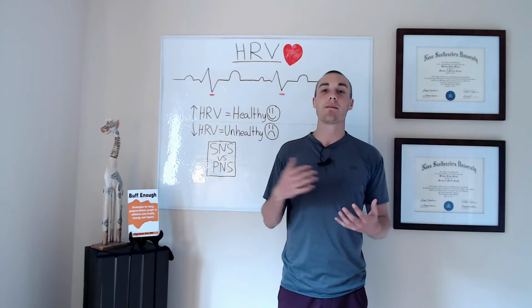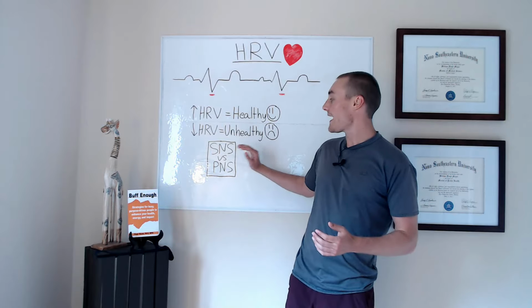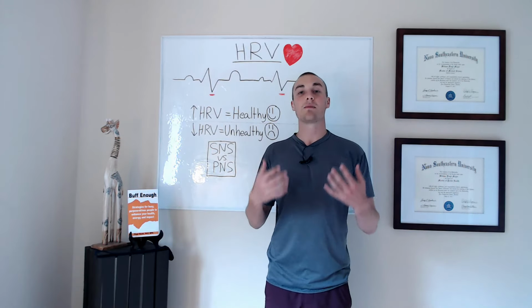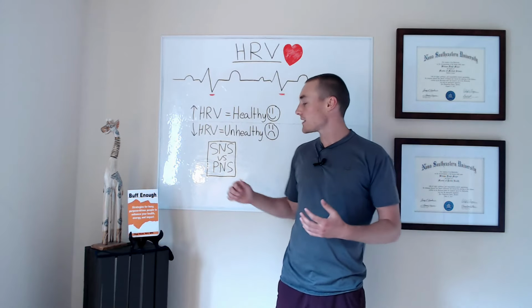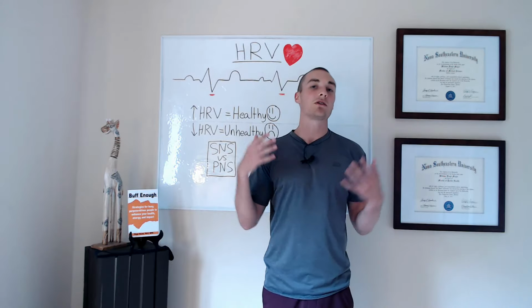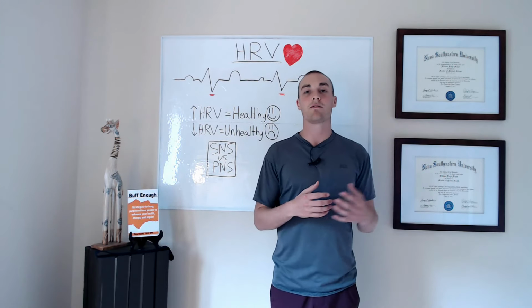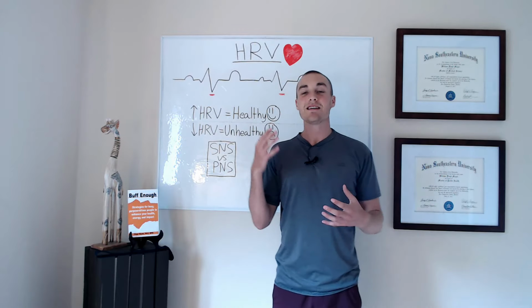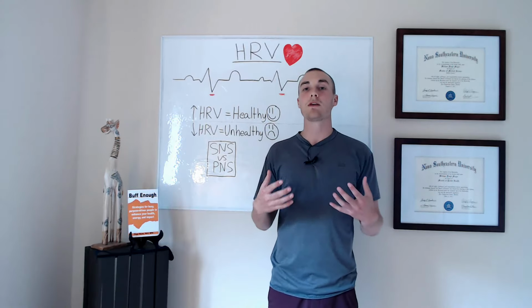It is broken up into 2 different parts. You have your SNS, your sympathetic nervous system, or fight or flight nervous system. And then you have your PNS, your parasympathetic nervous system, which is the rest, digest, heal, restore part of your nervous system.